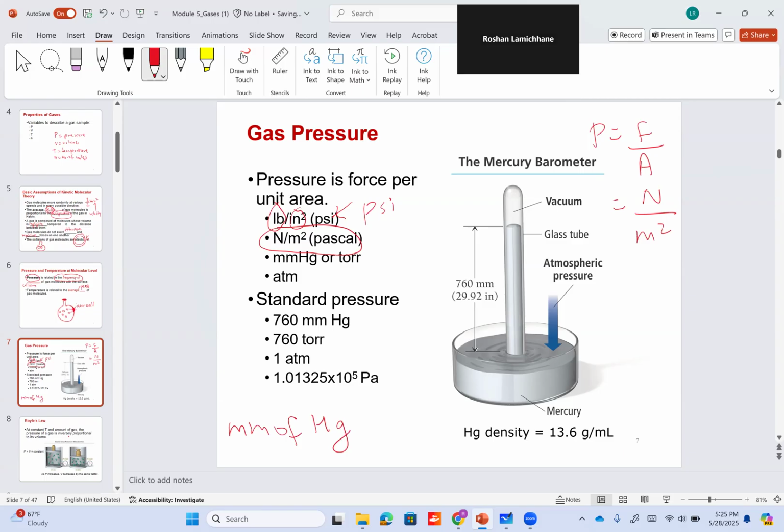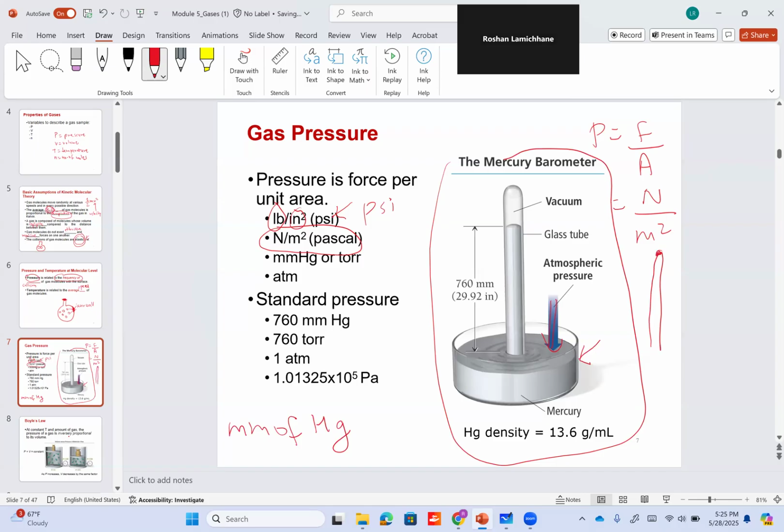All right, so if I place this mercury barometer, so this is called a mercury barometer, at sea level. All right, and let's say I fill this glass bowl, if you want to call it, with mercury. So what's going to happen is the atmospheric pressure is going to push this mercury. So this is my long glass tubing with one closed end, one open end.